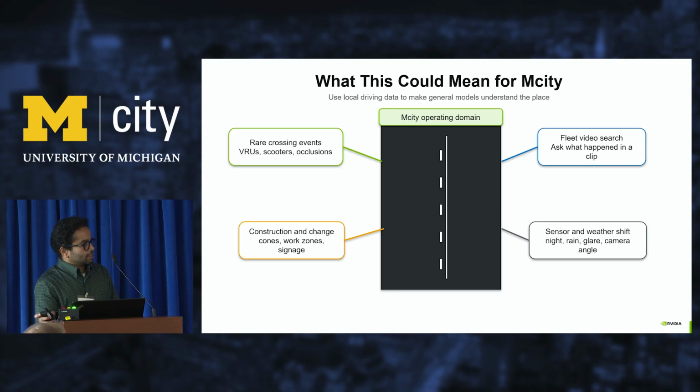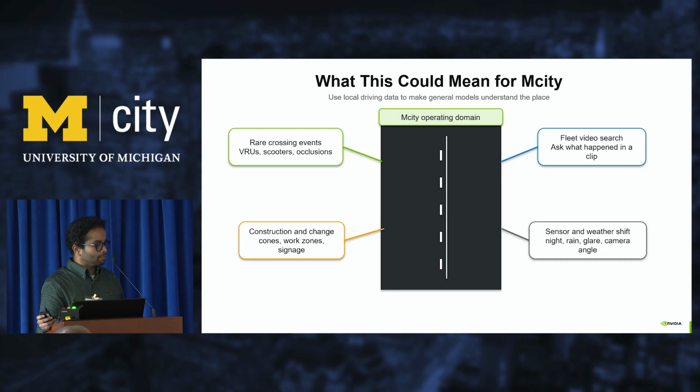So what this could mean for Mcity, right? At Mcity, we have a lot of rare crossing events, some construction zones, and all of these. The VLM models can really use some of this data to adapt to these particular circumstances and really enhance performance in that sense.